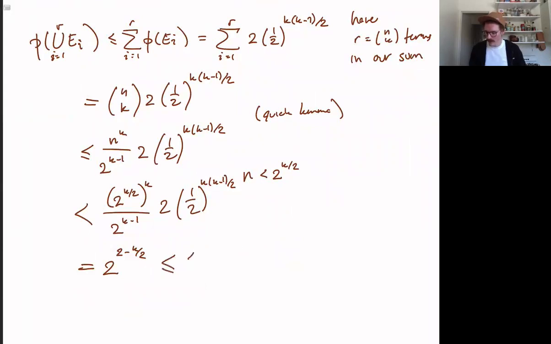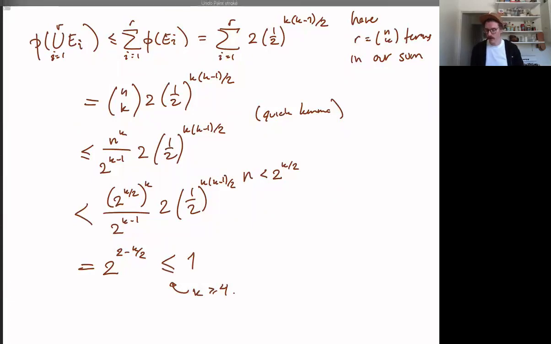And this is less than or equal to 1 if k, as we have assumed, is greater than or equal to 4. So if k is 4, this power is 2 minus 4 over 2, which is 0. 2 to the 0 is 1. If k is bigger than 4, then the negative k is going to make it smaller and smaller.